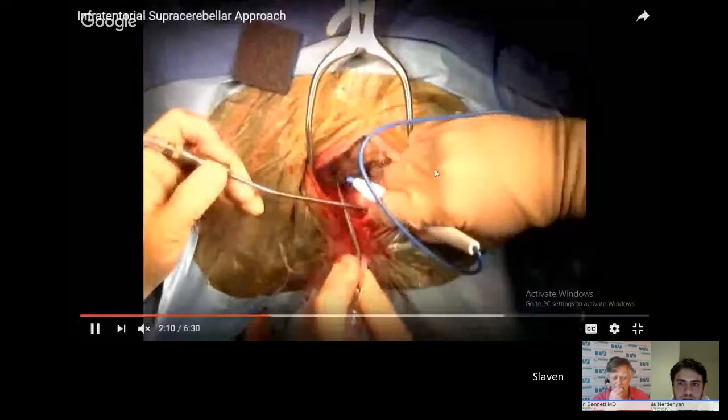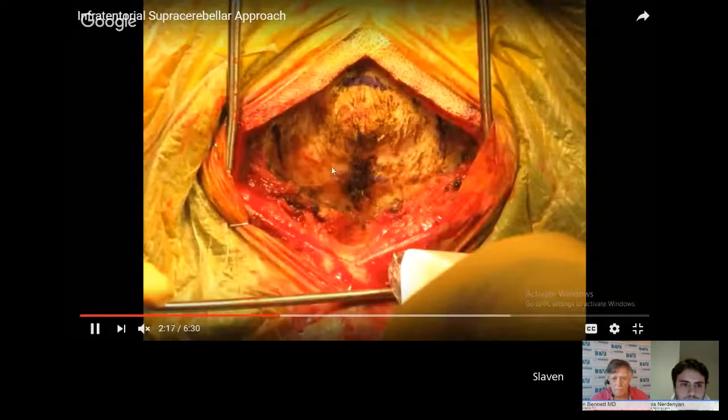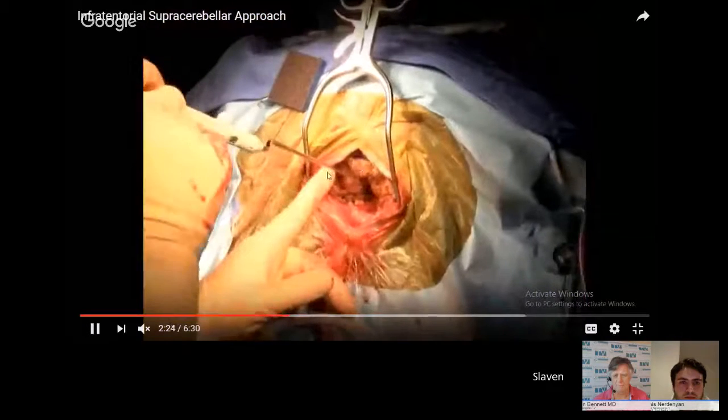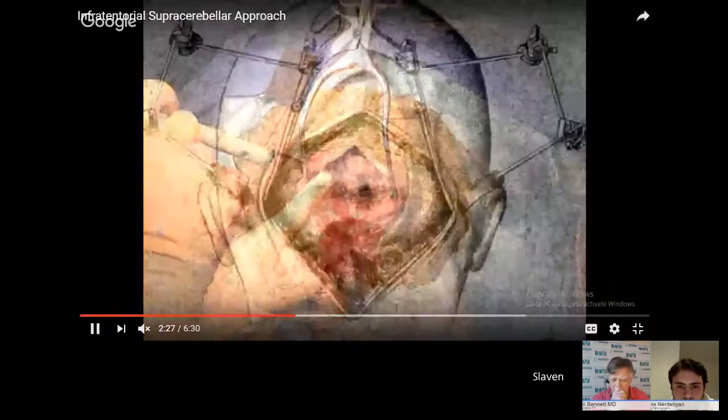So after we've done the midline incision, dissection of the subcutaneous tissue is performed, and then the skull is approached. Okay. So all the time, careful hemostasis needs to be obtained.